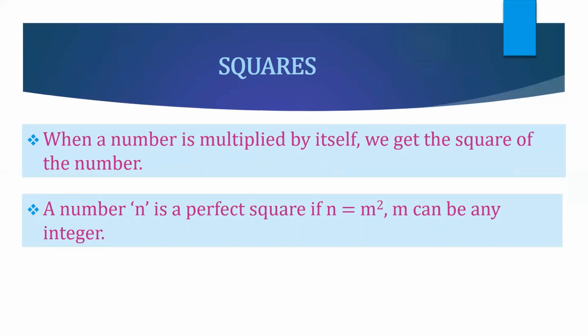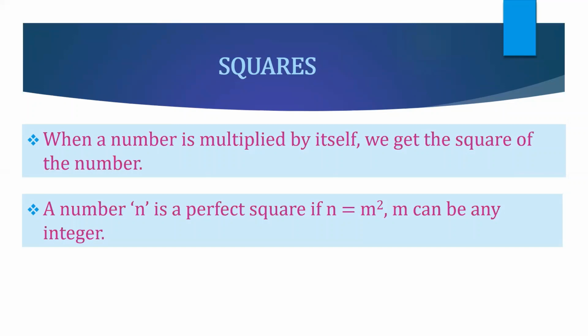Say 1 ones are 1, 2 twos are 4, 3 threes are 9, 4 fours are 16, 5 fives are 25 and so on. So here we are multiplying the number by itself. So whatever the product we are getting, say 1, 4, 9, 25 and so on, that product is called the square of the number.